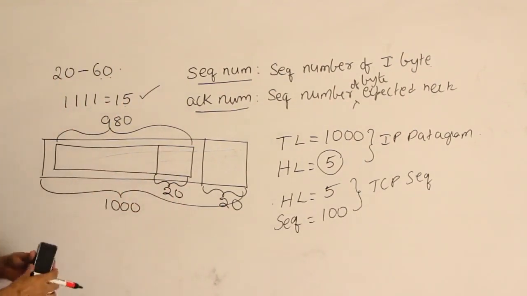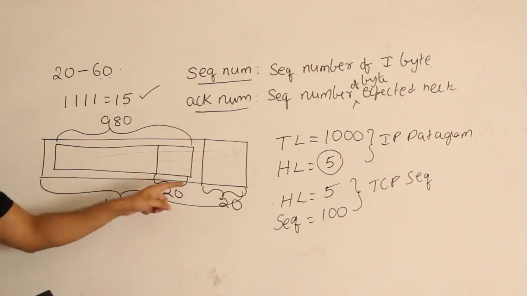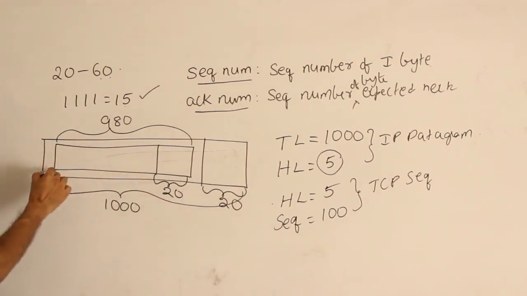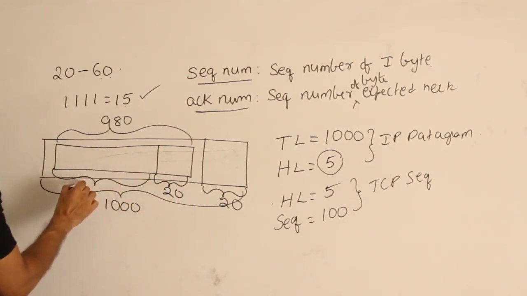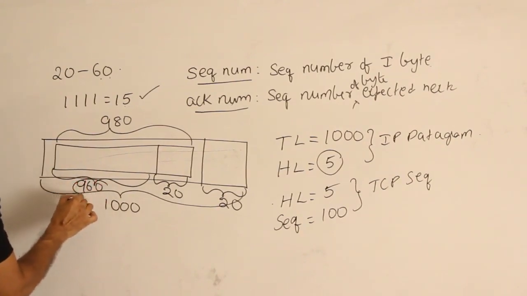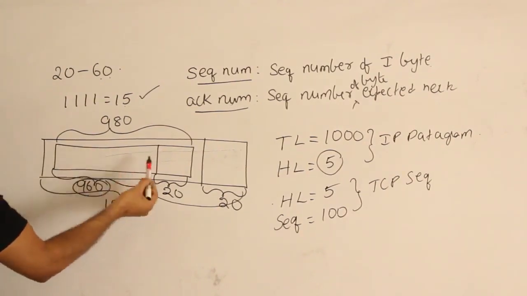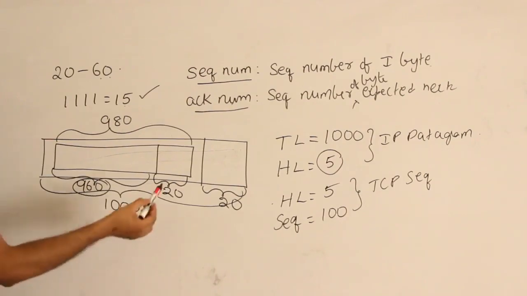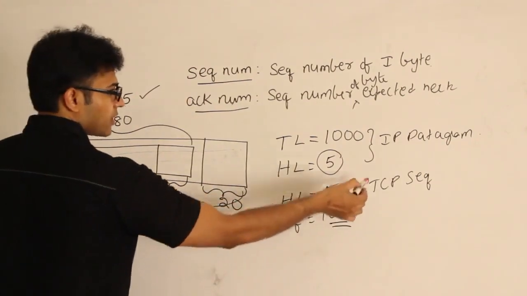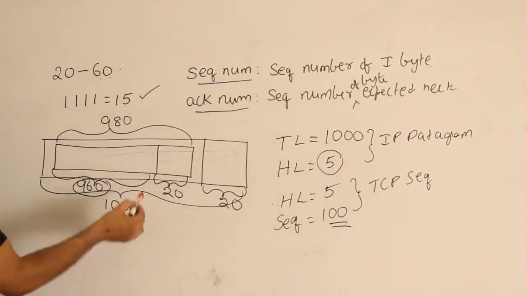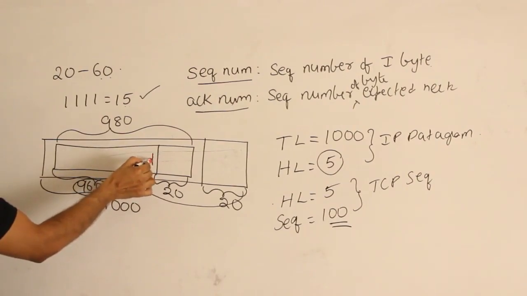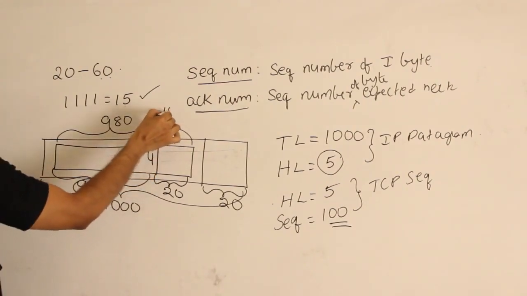Now this is 20, this is 20. Therefore the body length of this is 960. So inside this TCP segment, 960 bytes of data are present, and the sequence number of the TCP segment is 100, which means the first byte sequence number is given as 100.